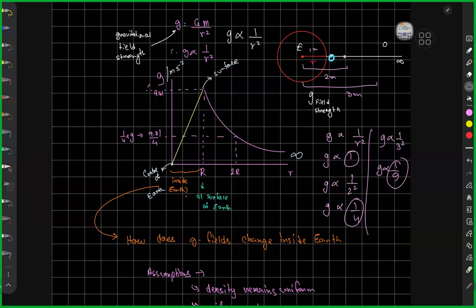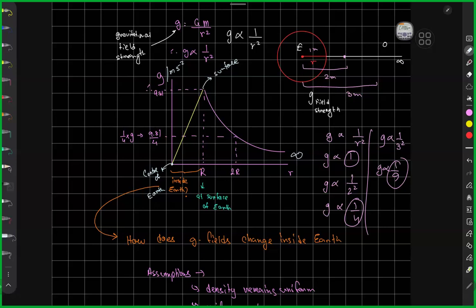If I push it away till infinity, the force on the object keeps decreasing at an inverse square rate with respect to the separation. And we saw the calculations over here. This calculation, this proportionality that I used, is very important to you.